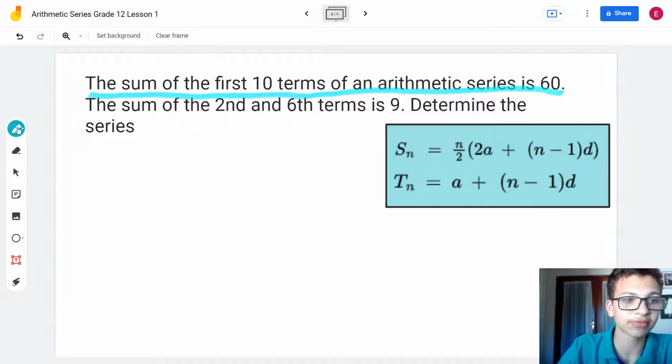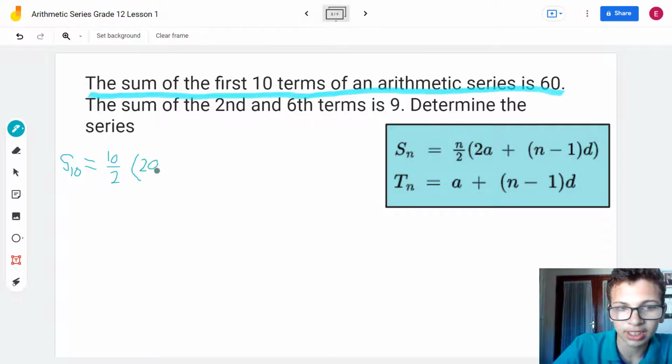right? Now we can actually use our formula for this, and we get that S10 equals 10 over 2 times, now we don't know what our first term is, so 2a, and we don't know what our common difference is, so 2a plus d times n minus 1.